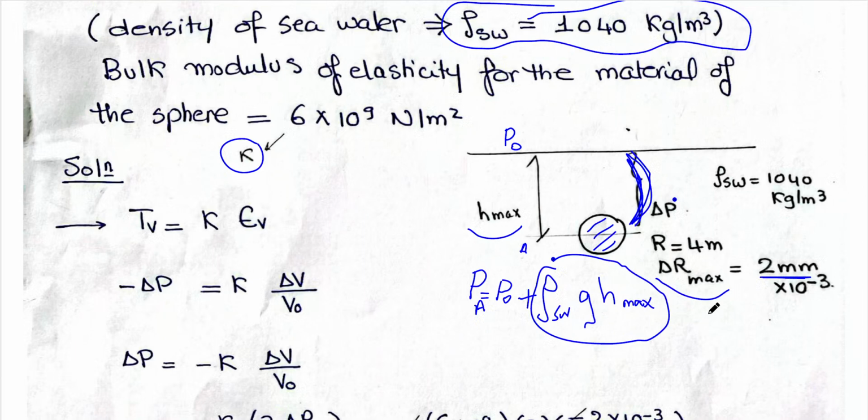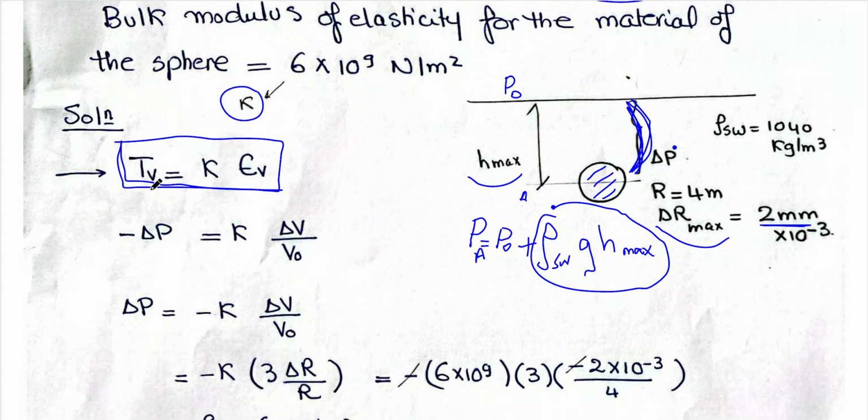That's why we have equal stresses from all directions. We can use the law of volume stress and bulk elasticity. The volume stress equals bulk modulus multiplied by volume strain. As we explained in the lecture, the volume strain is delta V over V.